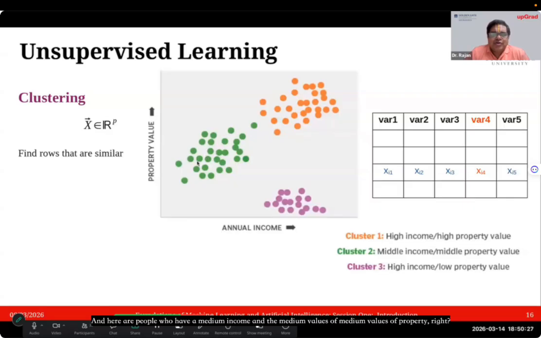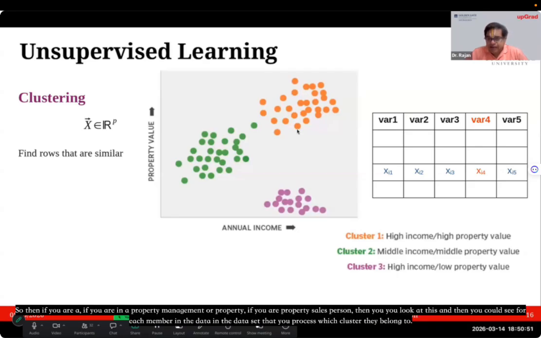Okay, maybe these people are good targets for selling property, right? And here are people who have a medium income and medium values of property. They own properties of medium values. Likewise, the orange points might refer to people who have high annual income and also possess high value properties.